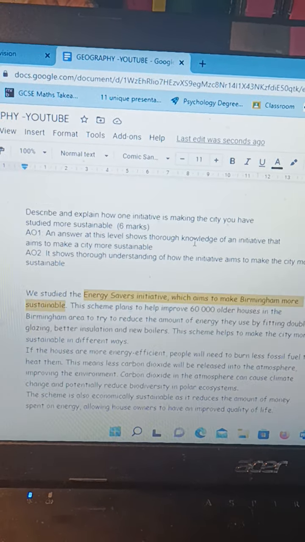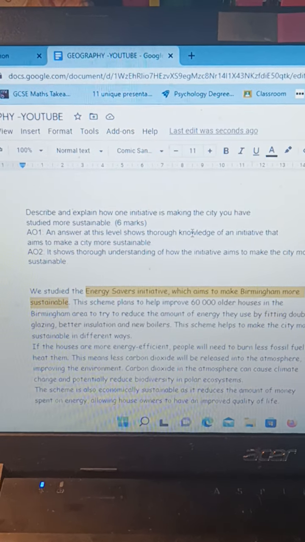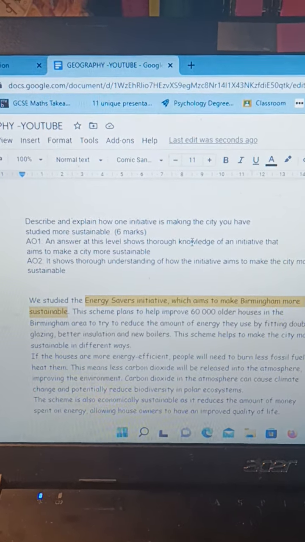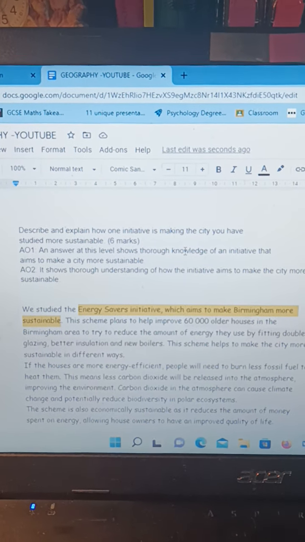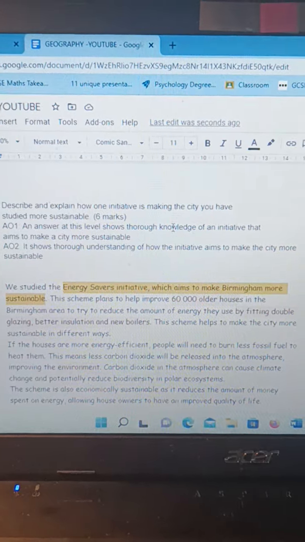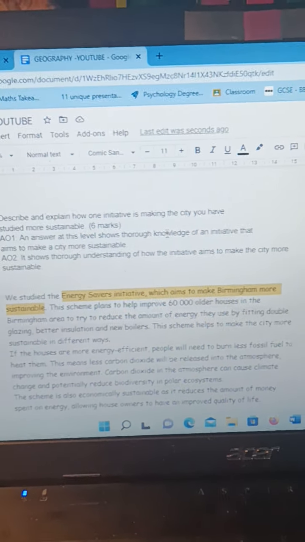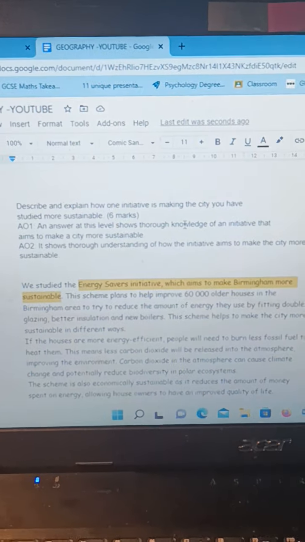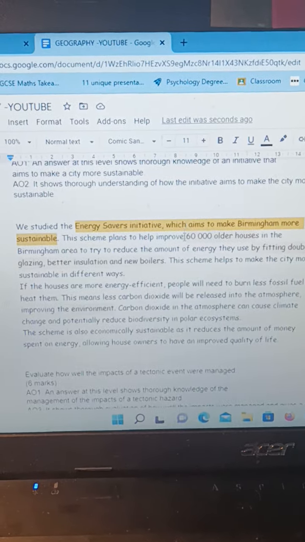Okay, again. Describe and explain how one initiative is making the city you have studied more sustainable. 6 marks. So AO1, knowledge. An answer at this level shows knowledge of an initiative to make the city sustainable, and AO2 is the understanding of how. So that's the point of the sustainable initiative.